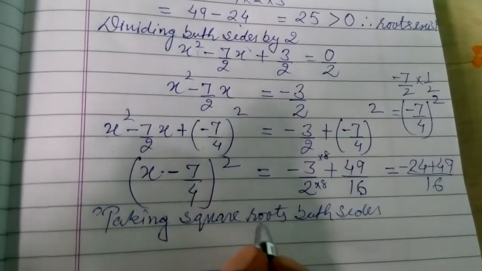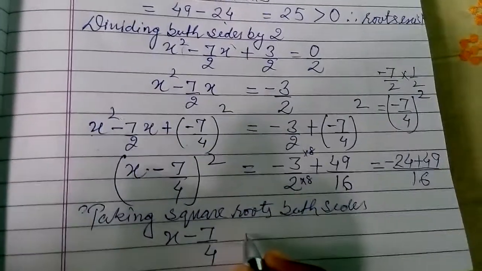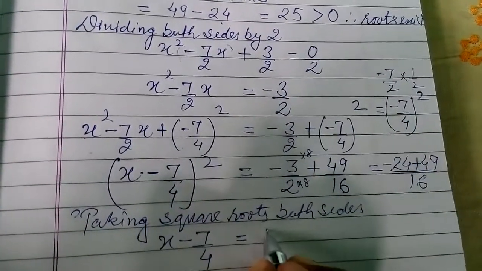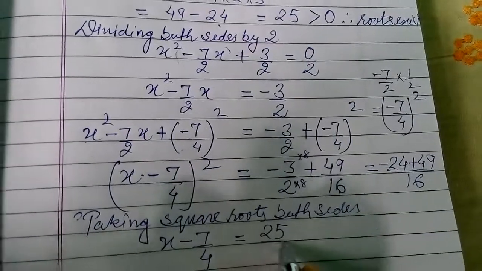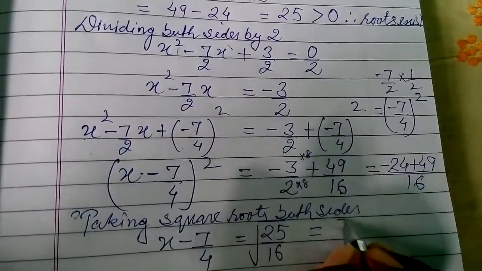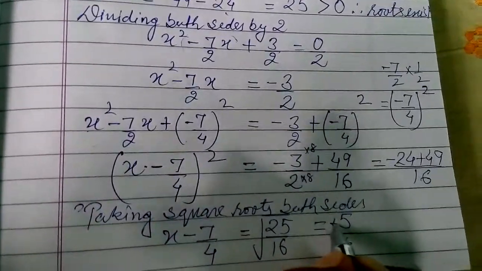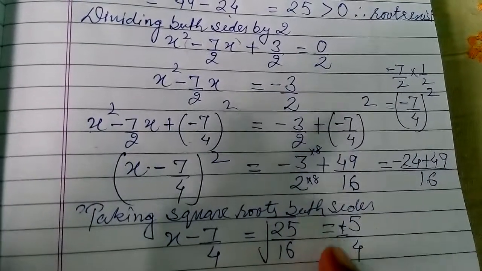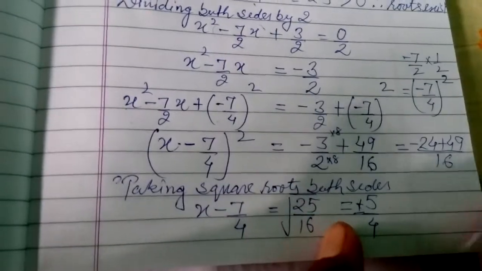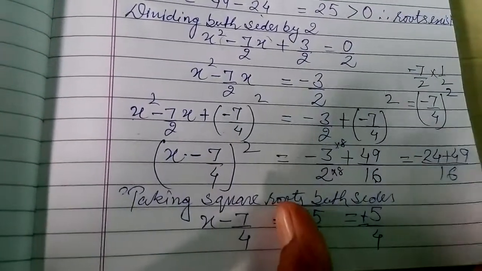This square will cancel with that square and you will remain with x minus 7 by 4, and here it will be minus 24 plus 49, that is 25 upon 16 root, which will be further equal to, when you remove this root, 5 upon 4. There will be two values because this is a square root: one value will be positive and the other will be negative. So here I am getting two values, so two values of x I can find here.